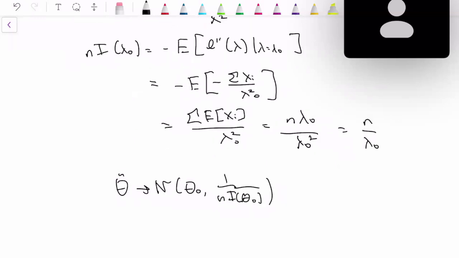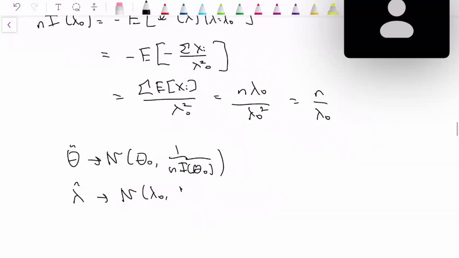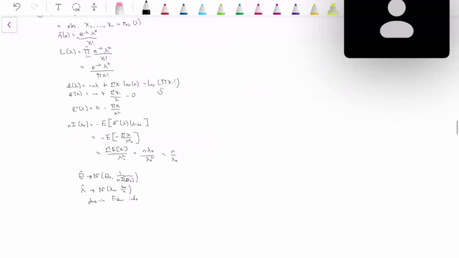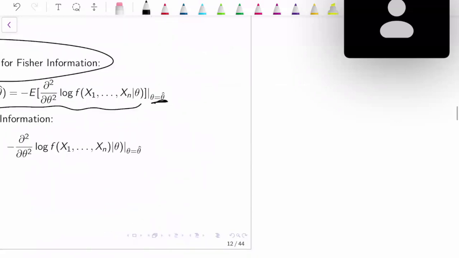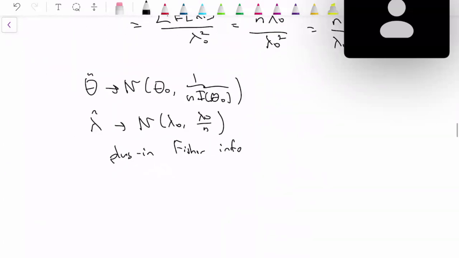So lambda hat will go to normal with mean lambda naught and variance, it's the reciprocal, so lambda naught over n. And again, we're using the plug-in Fisher information, which means we're using the MLE. So it goes to normal with mean lambda hat and variance lambda hat over n.